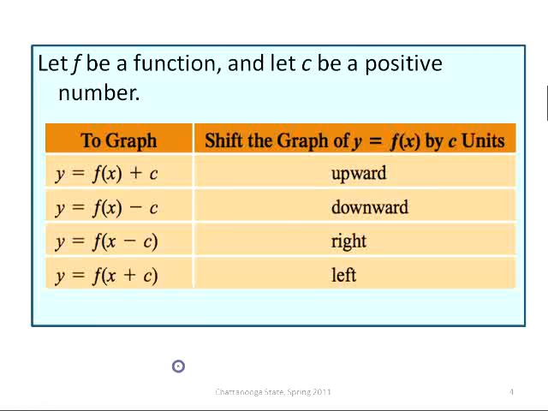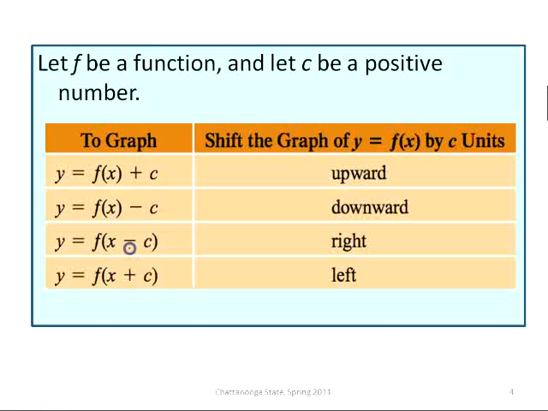So this is summarized in this table. If you have a function f of x and you've got a constant that is a positive number, if you add that constant to the end of the function, it's going to shift the graph up or down.